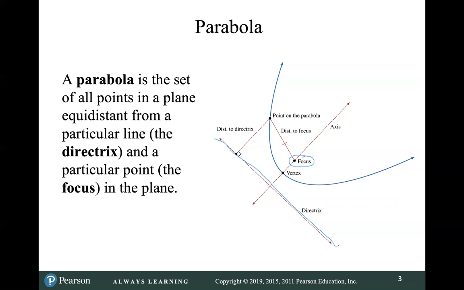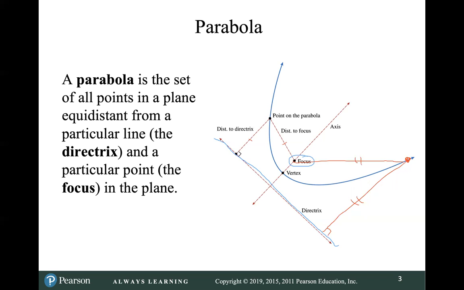If I look from the focus to a point on the parabola, it's the same distance as from that point on the parabola perpendicular to the directrix. The distance between a point and a line is always measured perpendicularly. I can do this for any point. If I pick this point on the parabola, the distance from the focus will be the same distance to the directrix. Every point on the parabola has that property.